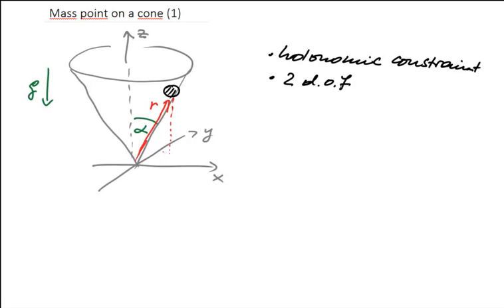So we take the projection of the mass point down onto the xy plane, and that will be at an angle phi from the x-axis. So these are the 2 coordinates that I would like to propose. The length of this projection here, the blue line, is r times the sine of the opening angle alpha.